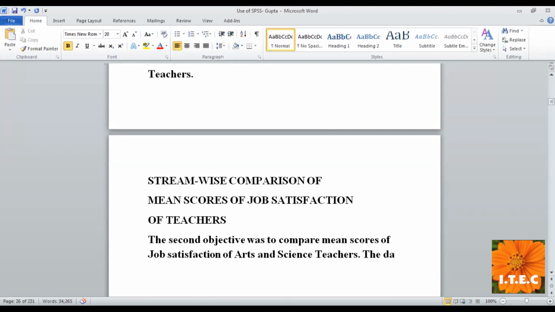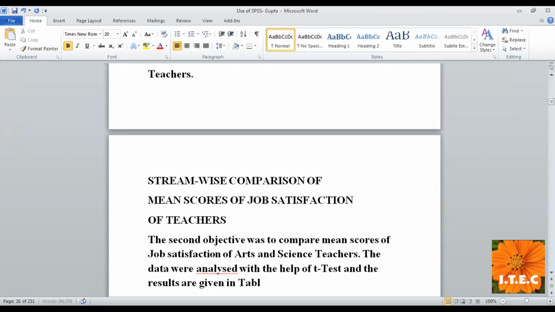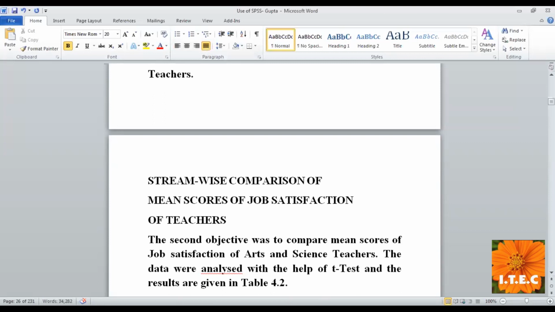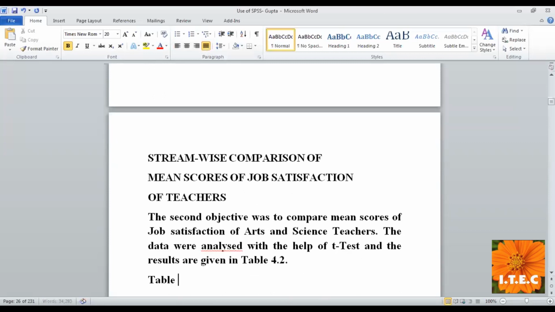The data were analyzed with the help of t-test, and the results are given in table, say 4.2, because that was the 4.1 table I wrote on that day. So it is 4.2. Now I say table 4.2.